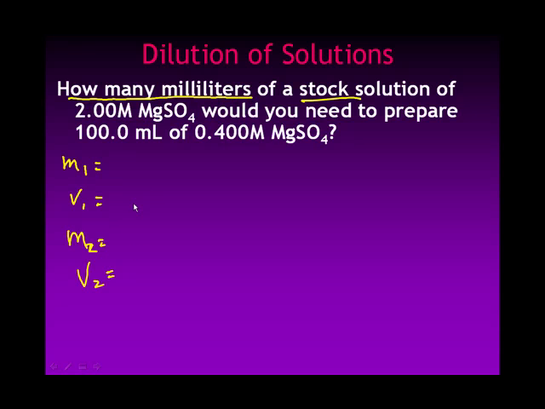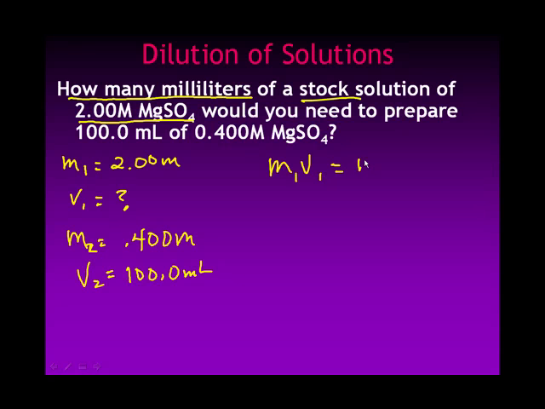Milliliters is a volume, so let's just say our question mark is V1. Of a stock solution of 2 molar magnesium sulfate, so 2.00 molar, would you need to prepare 100 milliliters, here's my V2, of 0.400 molar magnesium sulfate. So I have M1 V1 equals M2 V2.